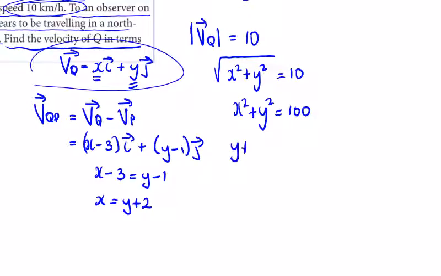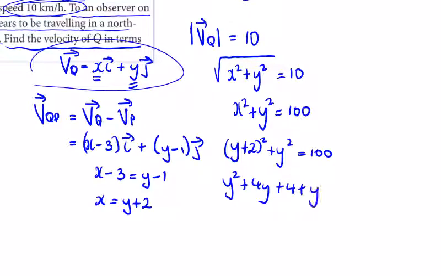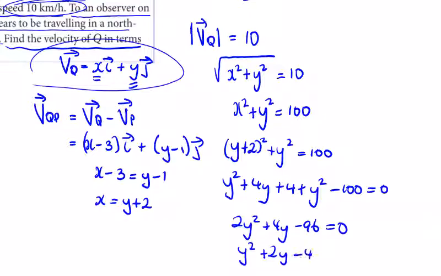So we're going to get (y plus 2) squared plus y squared is equal to 100. So y squared plus 4y plus 4 plus y squared. I'm going to bring the 100 across, so we get 2y squared plus 4y minus 96 is equal to 0, so y squared plus 2y minus 48 is equal to 0.